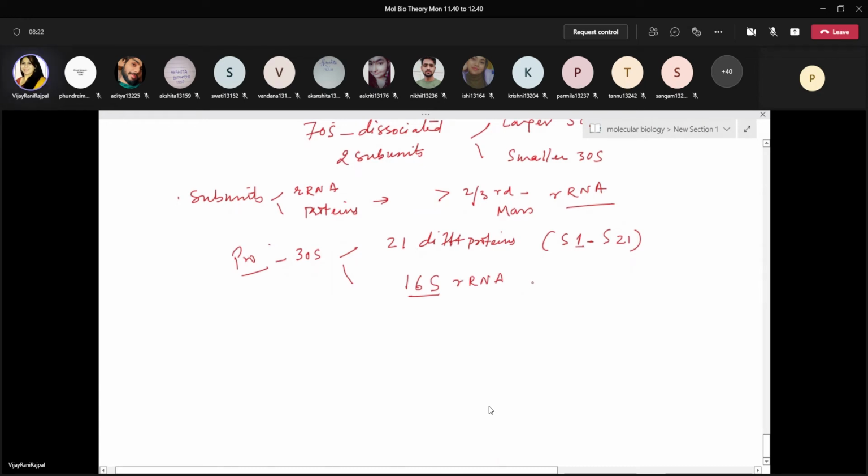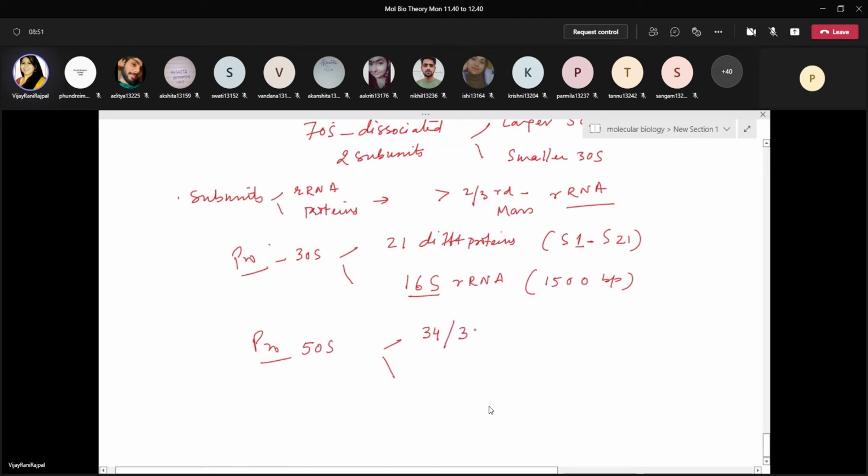The size of this ribosomal RNA molecule is 1500 base pairs. Likewise, the larger subunit of prokaryotic 50S can also be dissociated into its constituent RNAs and proteins. Now, there are different reports. Some books say they contain 34 different proteins.